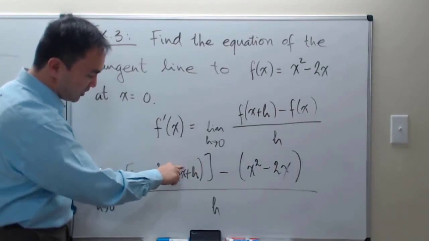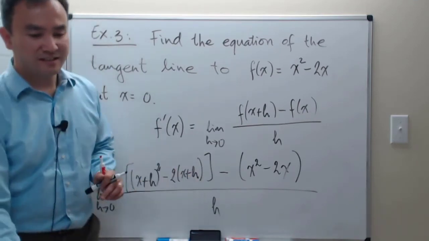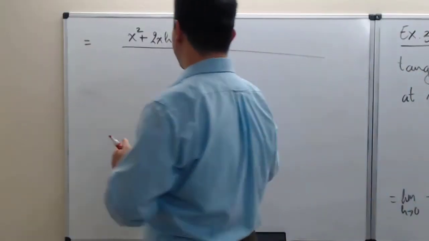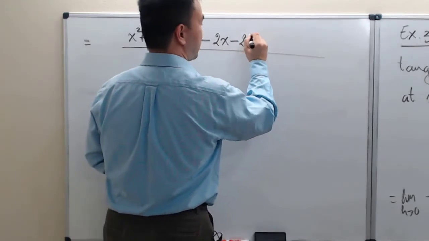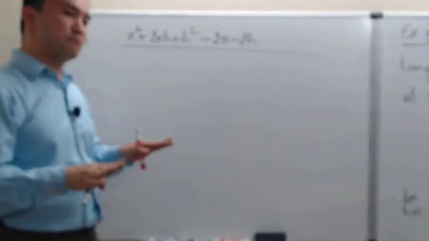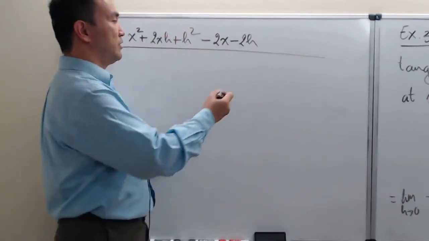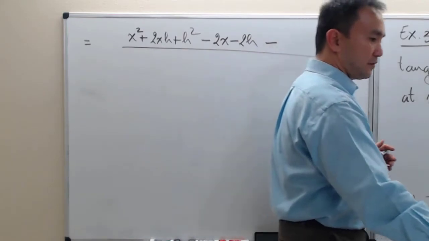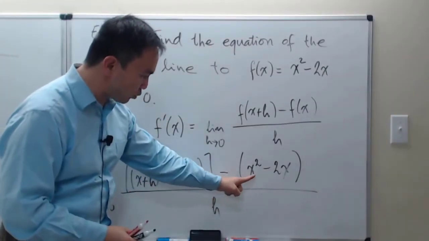So we can go ahead and distribute that minus 2, but watch out for a sign change: minus 2x minus 2h. That completes our f of x plus h. And now I am going to subtract, recalling from the previous step, minus x squared minus 2x.